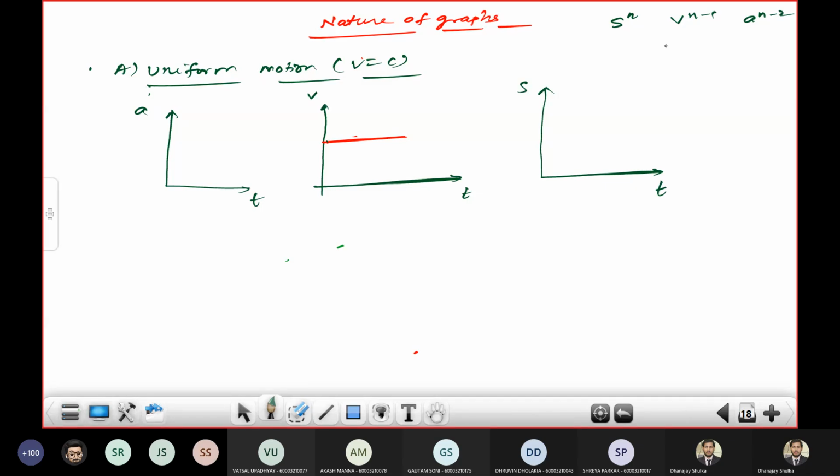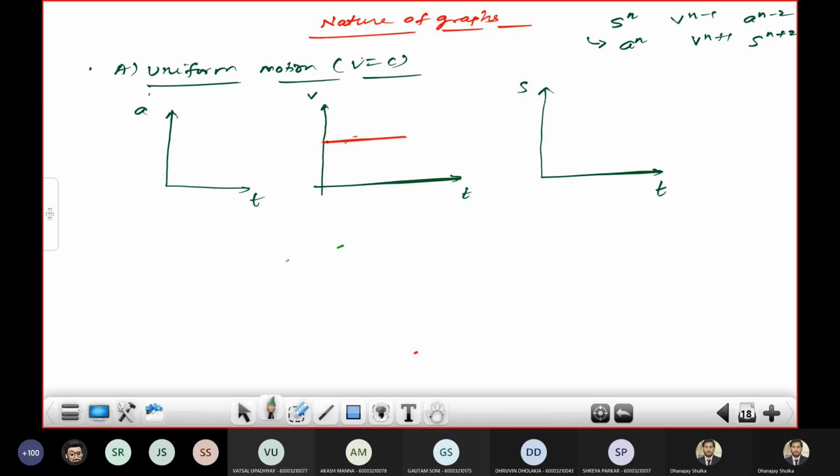Similarly, you can go reverse. If your acceleration is a polynomial of degree n, velocity curve will be a polynomial of degree n plus 1 and displacement will be a polynomial of degree n plus 2, correct?